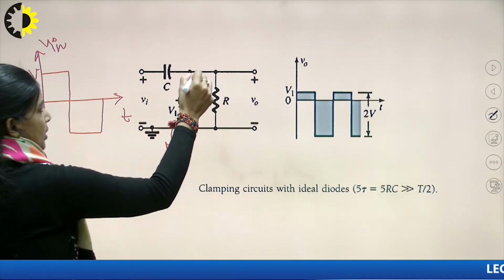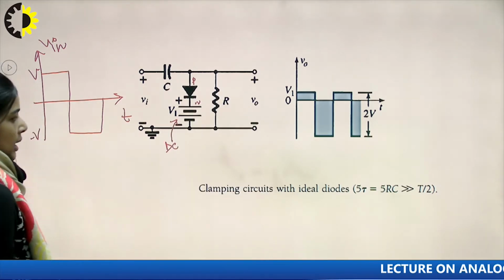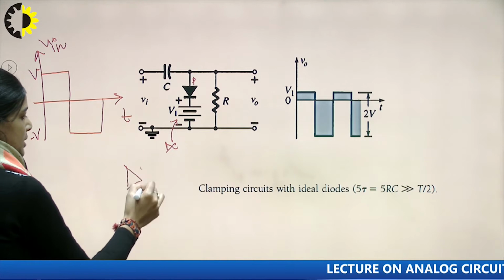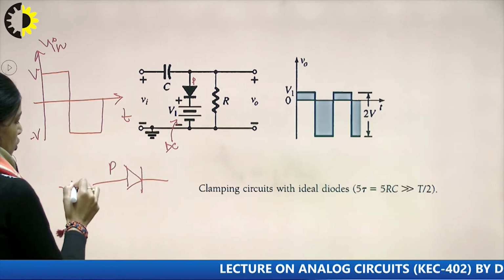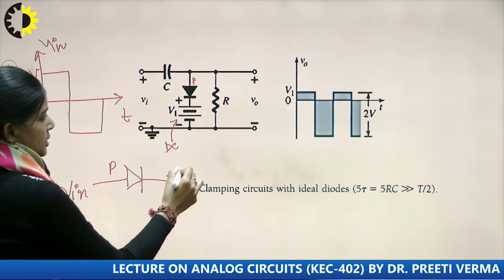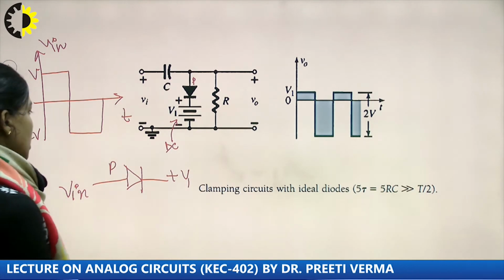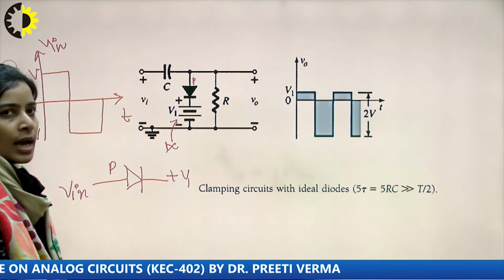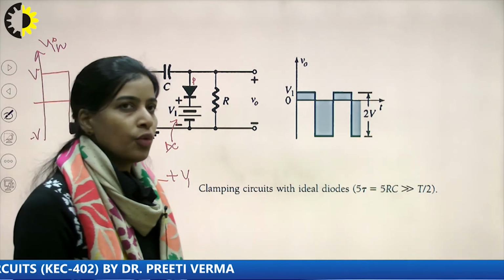This is P and this is N. Here we can see the diode that is connected, the P side is connected to V in through the capacitance, and the N side is connected to the positive value of V1. So, for the positive cycle, P and N are both connected to the positive polarity of the voltage.